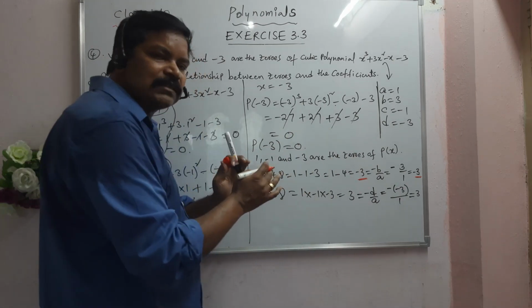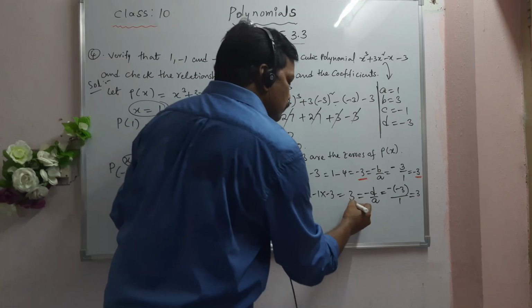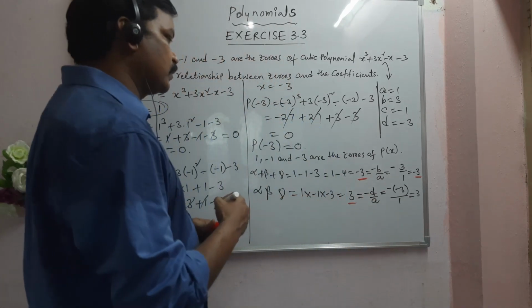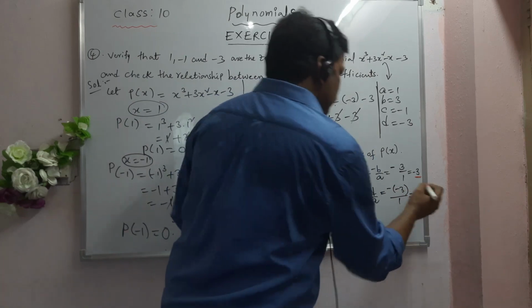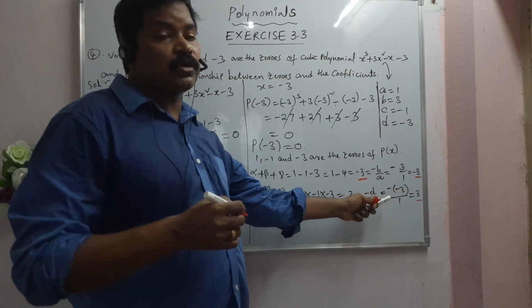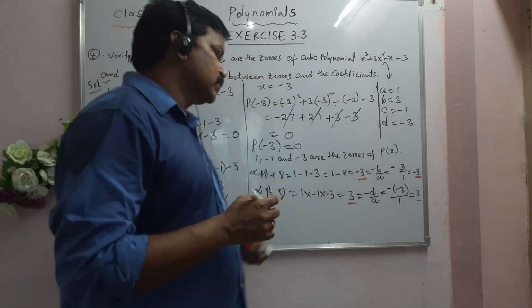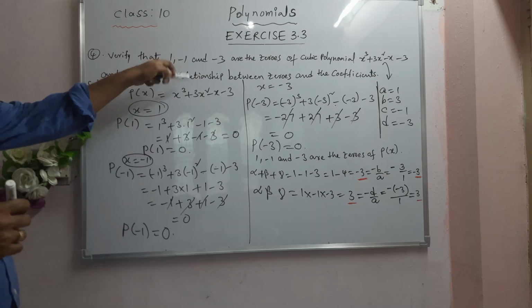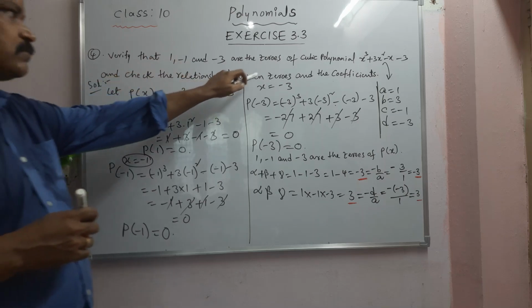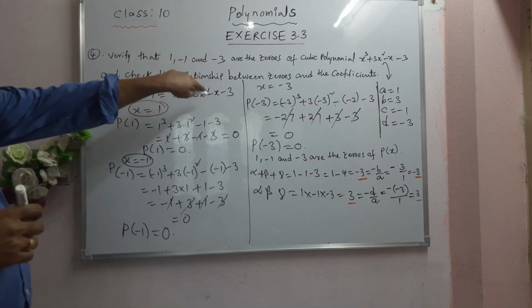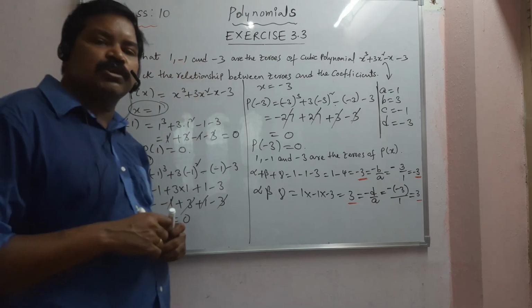By multiplying the 3 zeros, we got plus 3, and according to their coefficients also, we got 3. Therefore, we verified 1, -1 and -3 are the zeros of this cubic polynomial, and we have already checked the relationship between zeros and the coefficients.